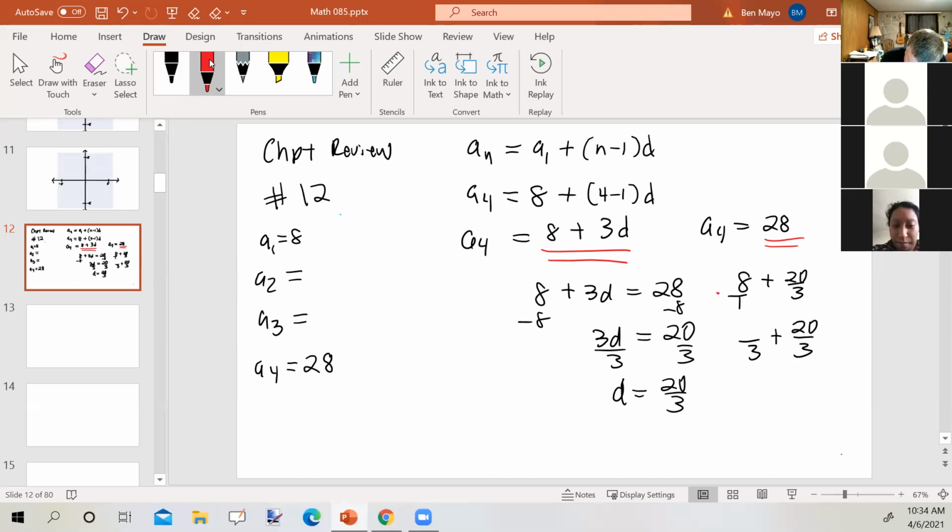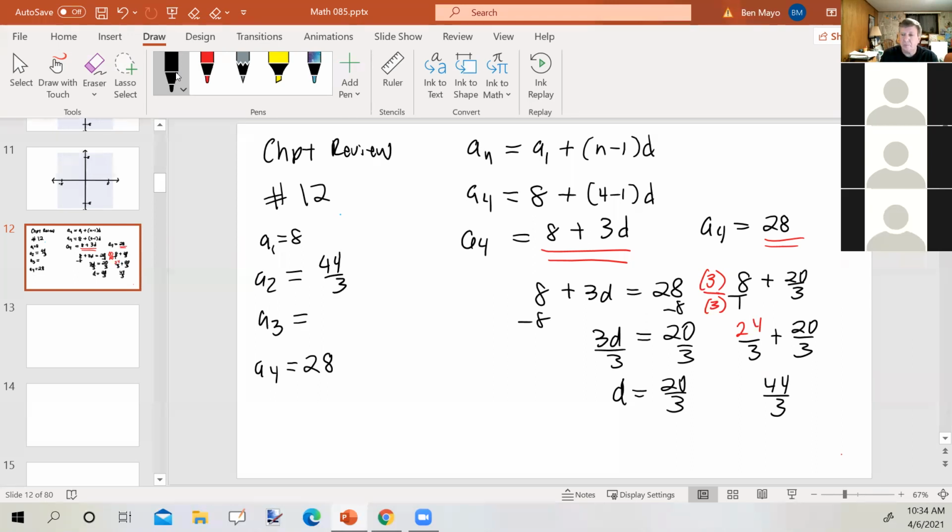I'm going to take the 8 over 1 and multiply it by 3 over 3, which gives me 24/3. So 8 changes into 24/3. 24/3 plus 20/3 is 44/3. So a sub 2 is 44/3.